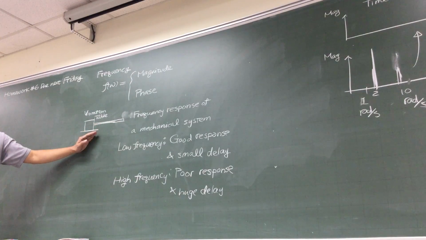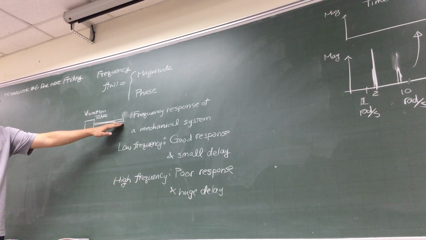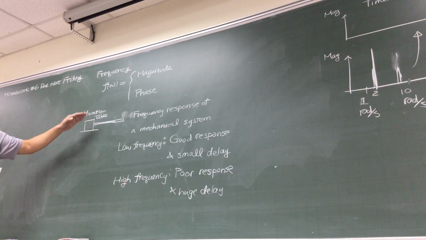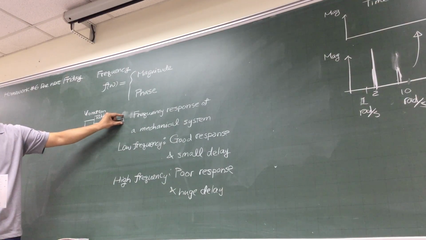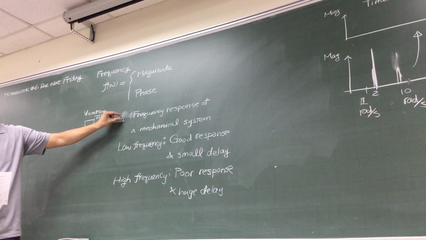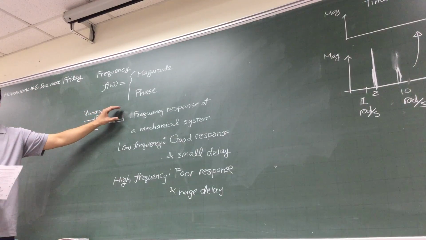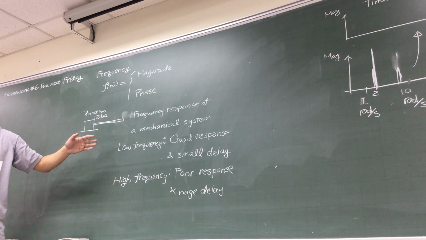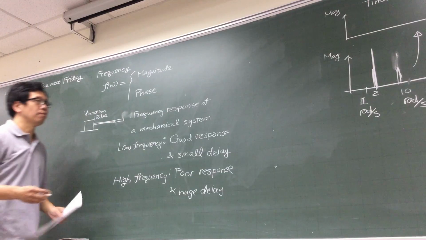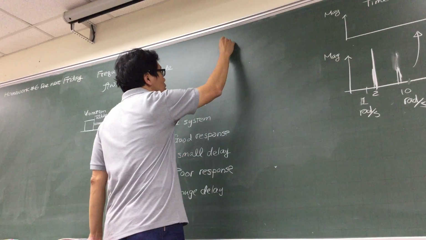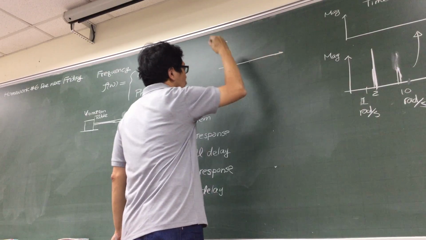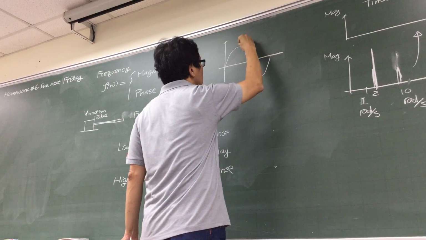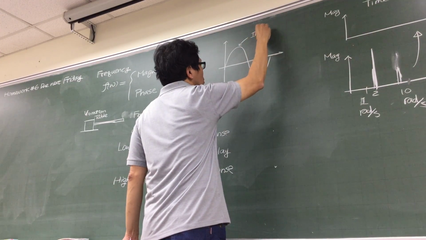When the frequency is low, the magnitude over here is going to be the same as this side. But if your frequency becomes higher and higher, the vibration here becomes smaller and smaller. And after a certain frequency, you cannot visualize what's going on over here, even though when you use the finger you can feel it, but you can no longer visualize that. The other thing is delay. What is a delay? Okay, this is my input signal.